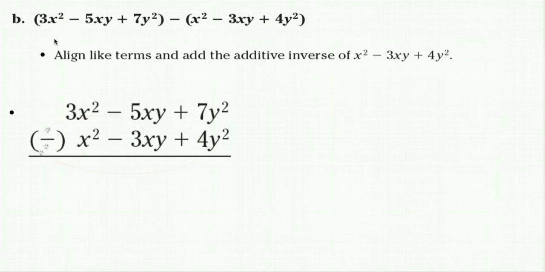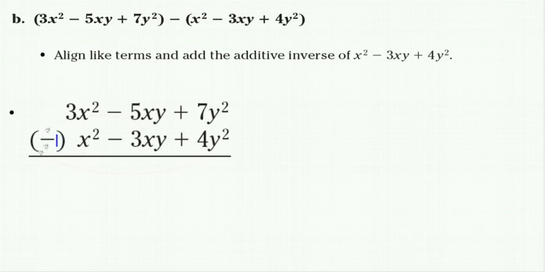Okay. So we have 3x squared minus 5xy plus 7y squared. There you go. We just copied it down. And then we are lining up x squared minus 3xy plus 4y squared right here. We're lining up all the like terms. Okay. And then what we did before, we are going to distribute the negative 1. Remember that there is an invisible 1 here, right there.